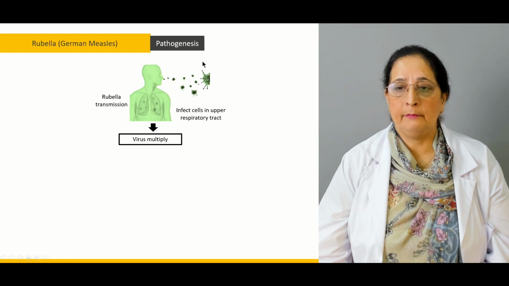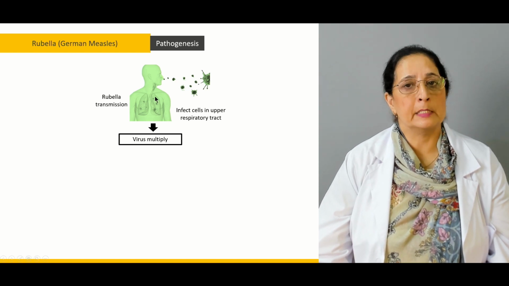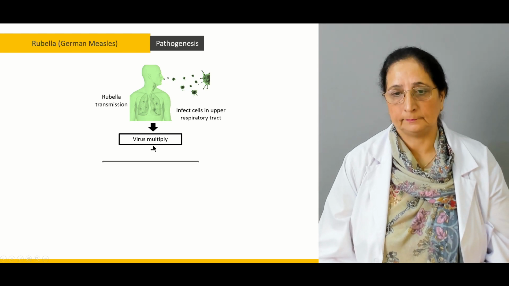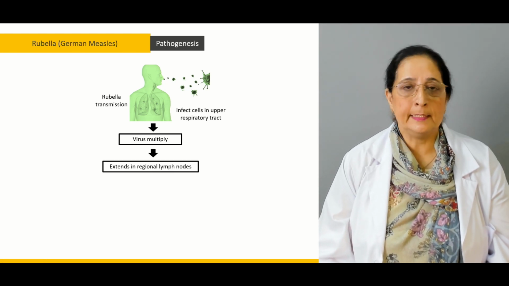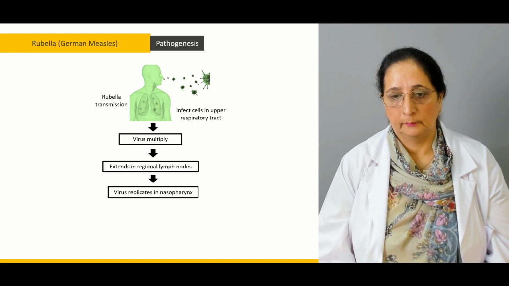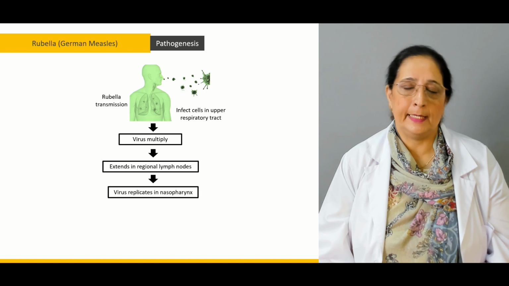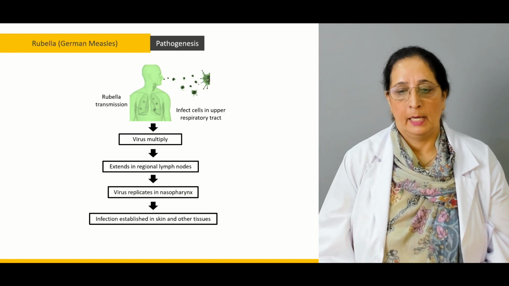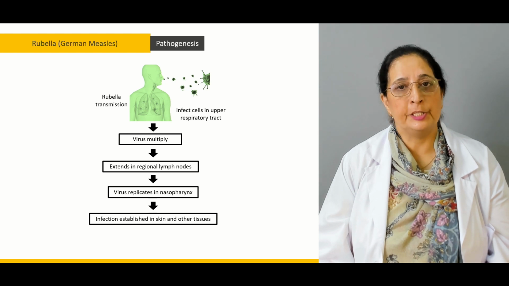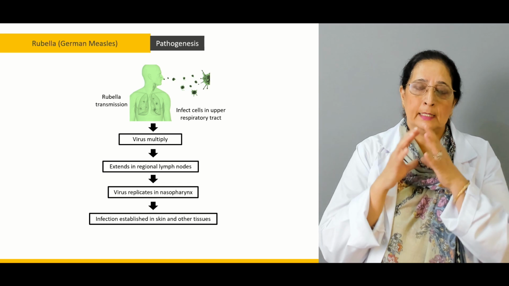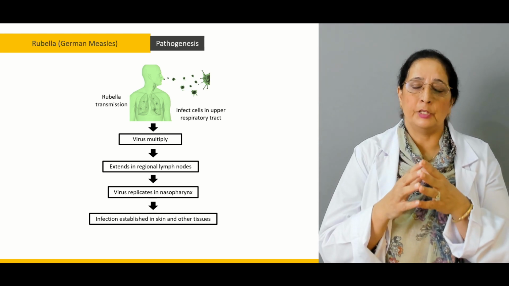After the virus enters the upper respiratory tract, the virus multiplies and extends to the regional lymph nodes. The virus replicates in the nasopharynx, and infection is established in skin and other tissues. So again, it affects the upper respiratory tract.